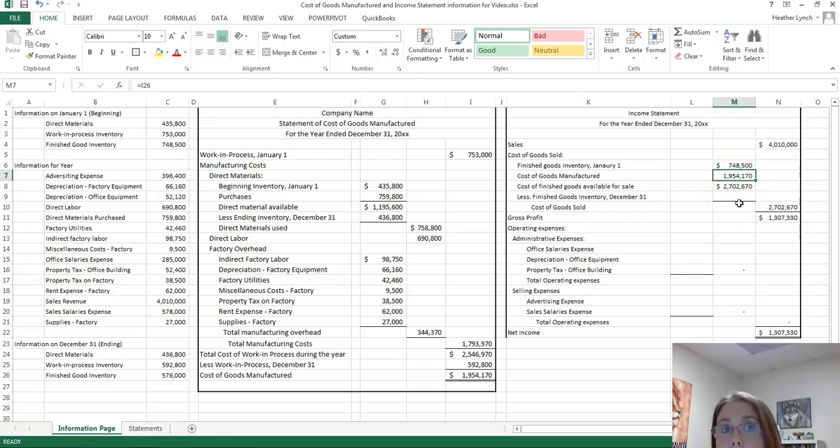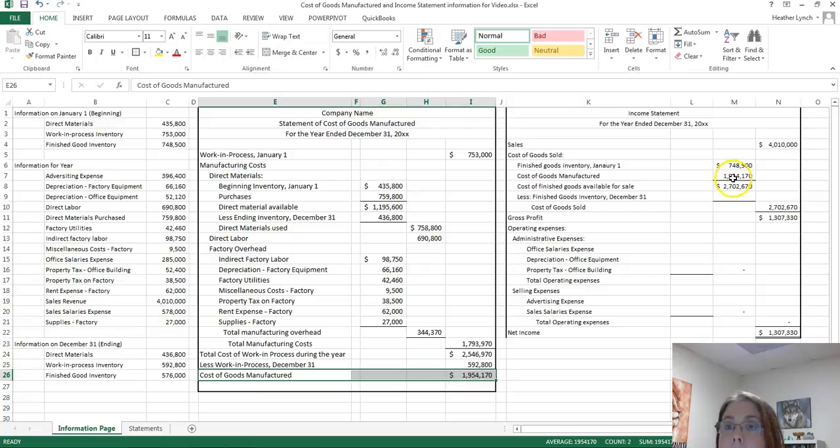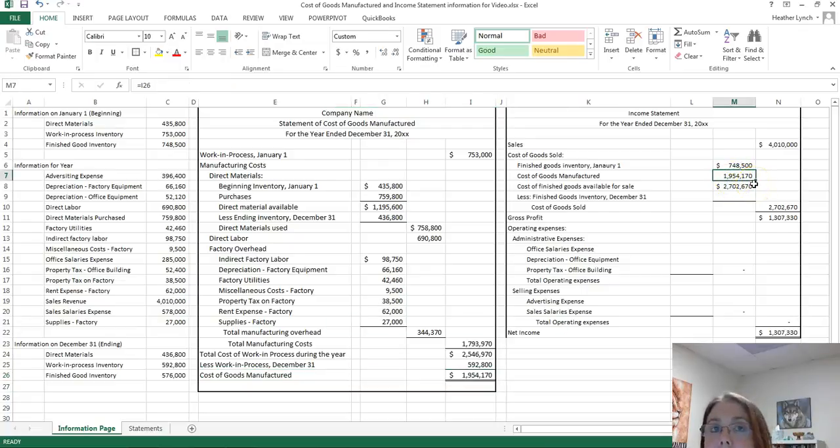That number that I just calculated on the statement of cost of goods manufactured right here is your next line in the cost of goods sold section, $1,954,170. This gives me a cost of finished goods available for sale. When it's available for sale, we can sell it to our distributors, to our wholesalers. If we are a retail company, it's ready to go out the door.